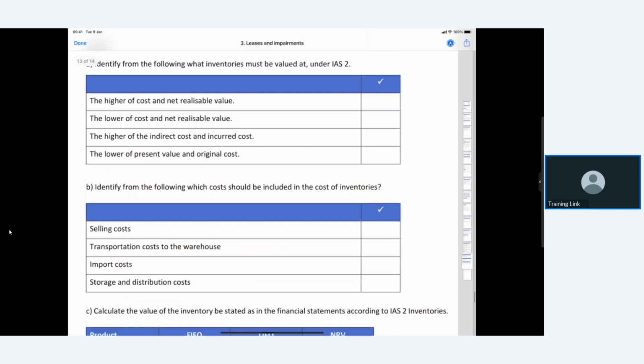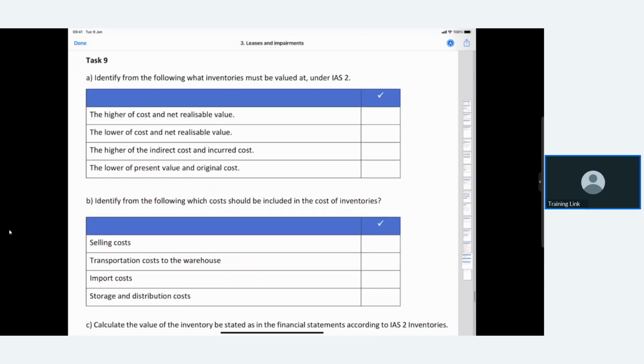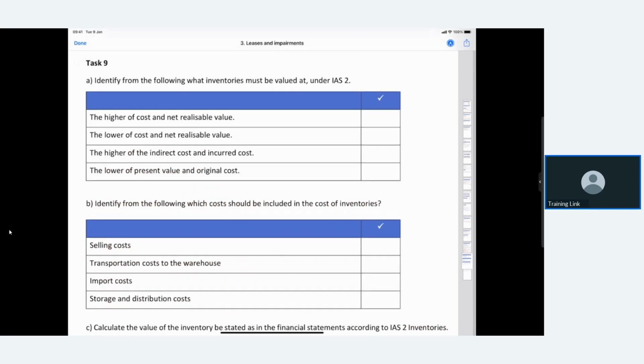Right then, just a couple of bits to finish up. Last task 9: identify from the following what inventories must be valued at under IAS 2. I think we probably know this now. This would be the lower of cost and net realisable value, something that was covered in level 3 as well. Then identify which costs should be included in the costed inventory.